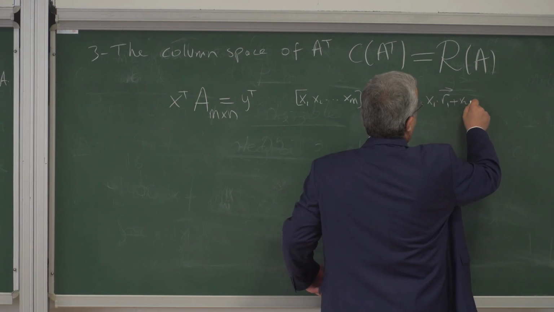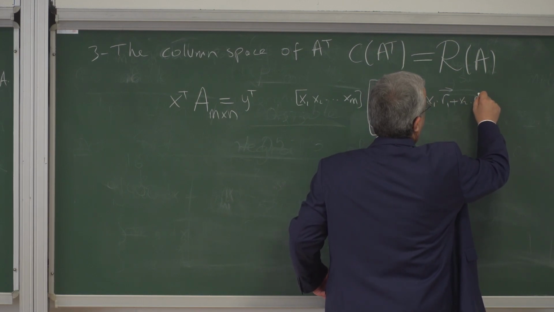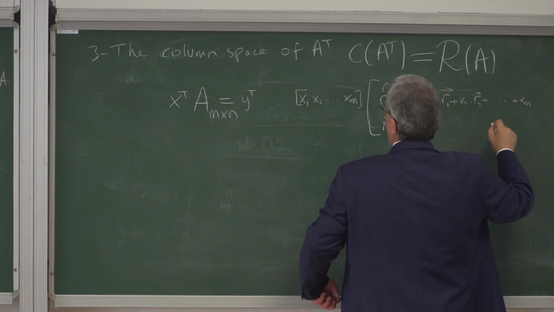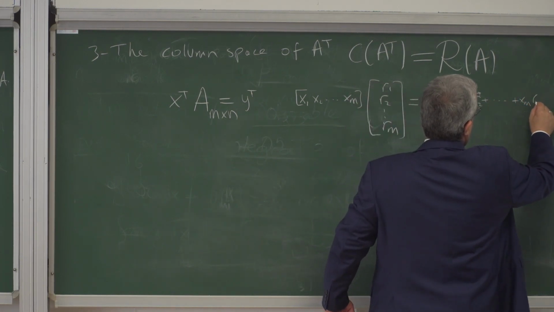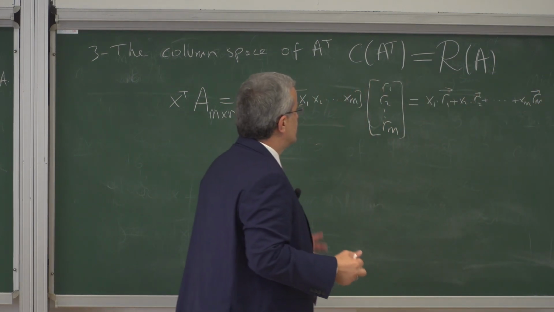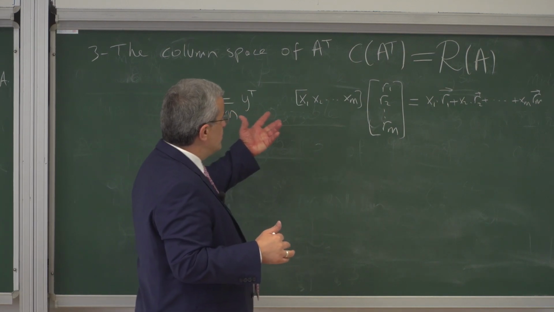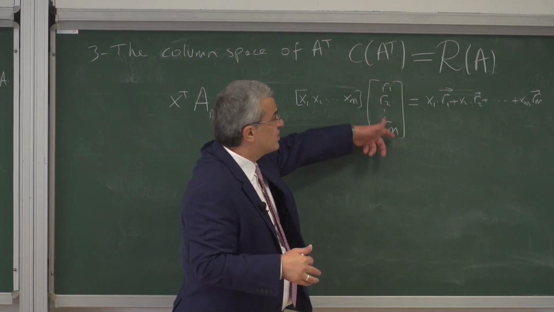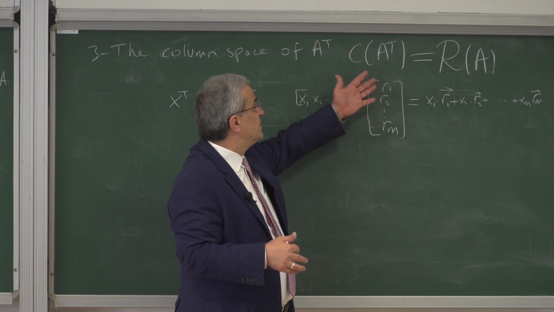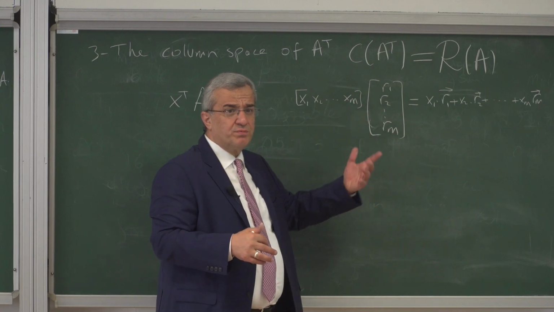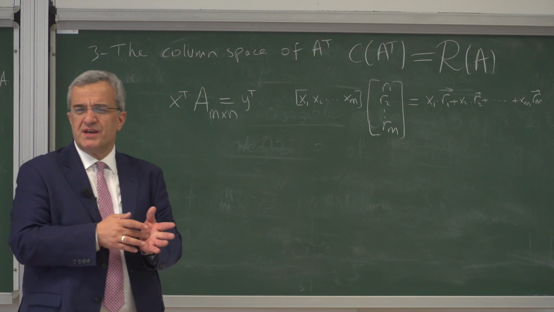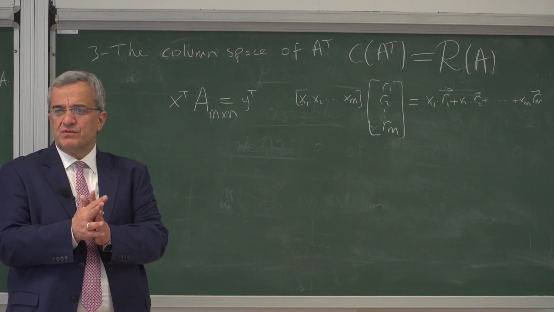So, up to xm rm. If you consider all linear combinations of these rows of A, you obtain the row space of A. So what is the way to say this?